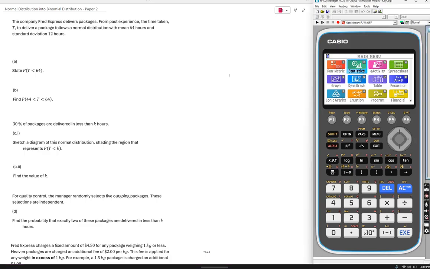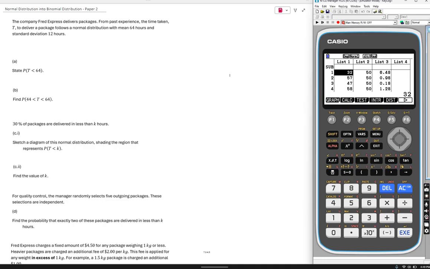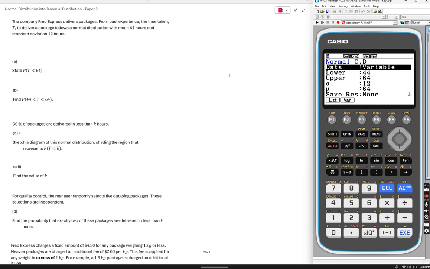So let's go stat mode on the calculator. Let's go distribution, normal, and we want NCD because it is cumulative. We need to state A, the probability that T is less than 64 equals, so my lower is going to be 0, my upper is going to be 64.